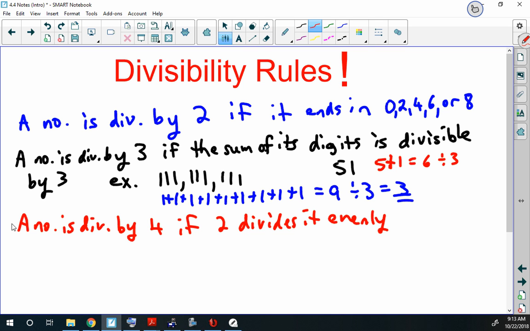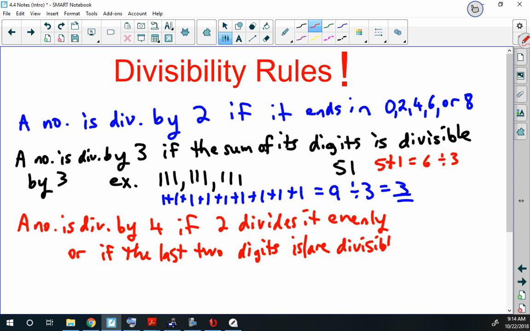Another rule for 4 is to say if the last 2 digits is or are divisible by 4. I put is or are because honestly, I'm pretty good at English, but I don't know if you use the word is or the word are here.